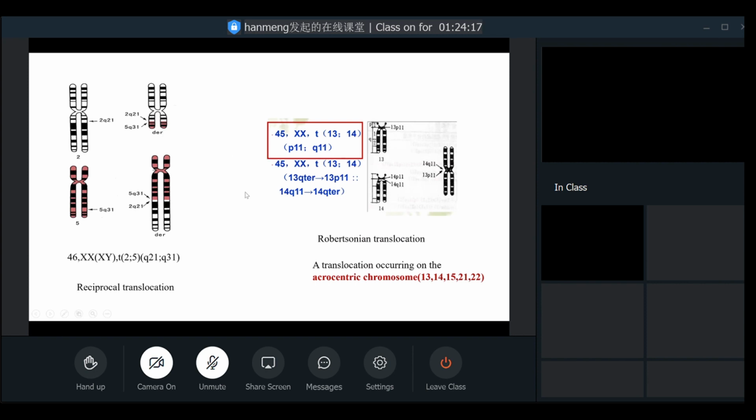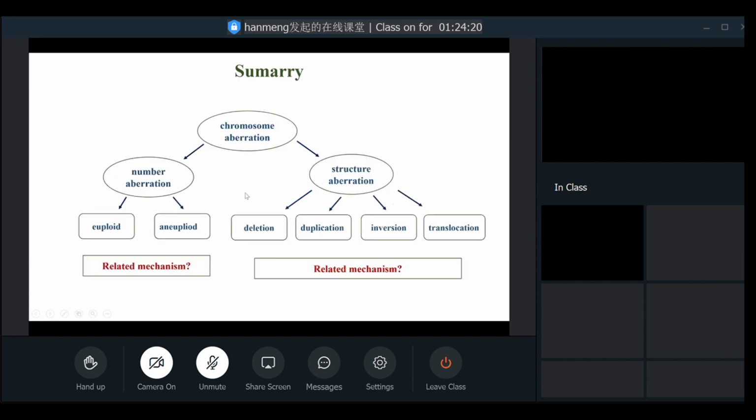So today we learned chromosome aberration. It includes number aberration and structural aberration. The number aberration includes euploid and aneuploid.